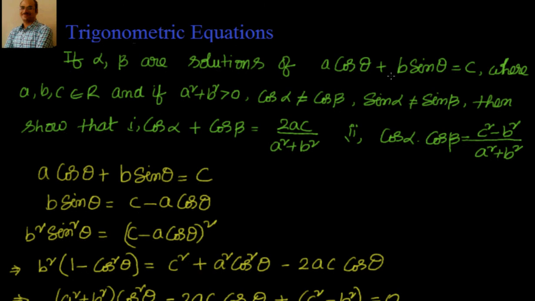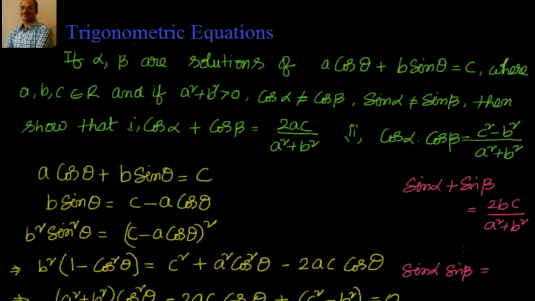Take the same equation a cos theta plus b sin theta equal to c and try to prove that sin alpha plus sin beta equal to 2bc by a square plus b square, and also sin alpha into sin beta is equal to c square minus b square by a square plus b square.